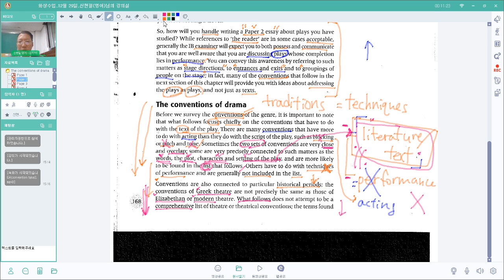Comprehensive means including everything. So the theory introduced in this part doesn't include all the possible drama techniques in history. It's impossible to deal with a comprehensive list of theater or theatrical conventions.